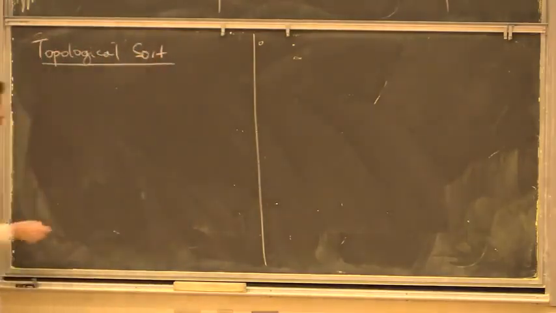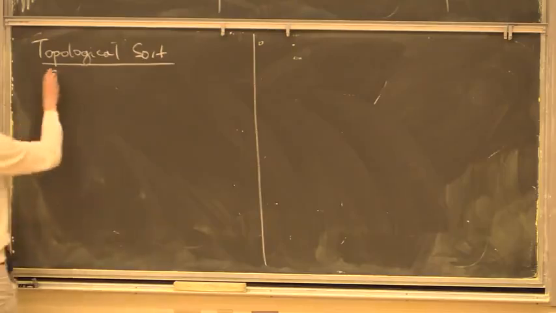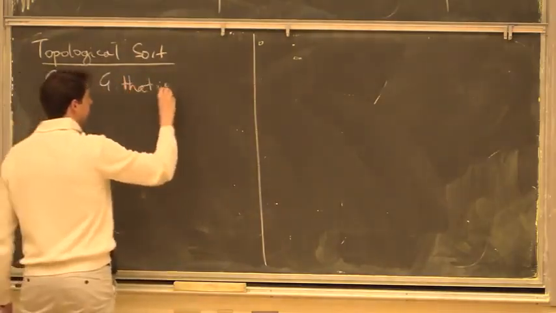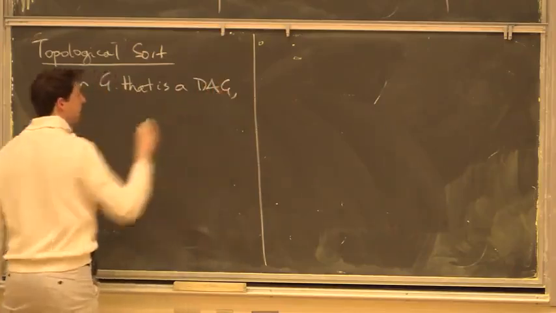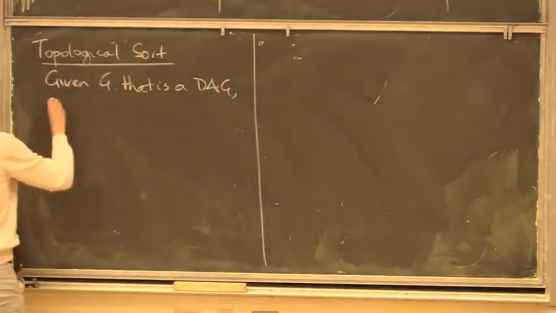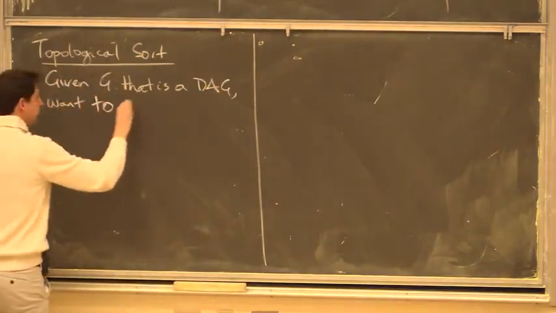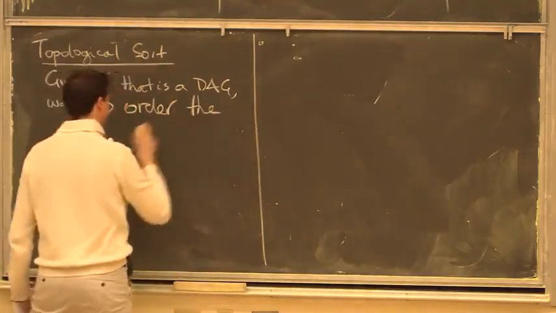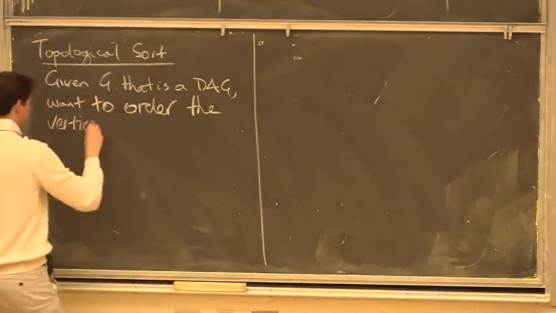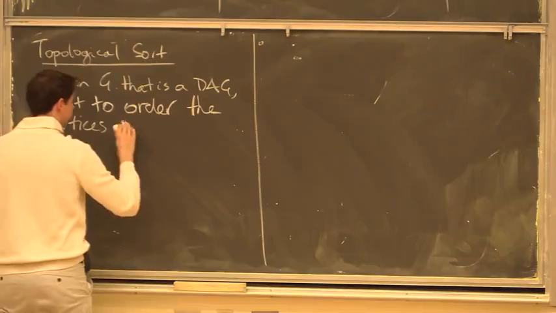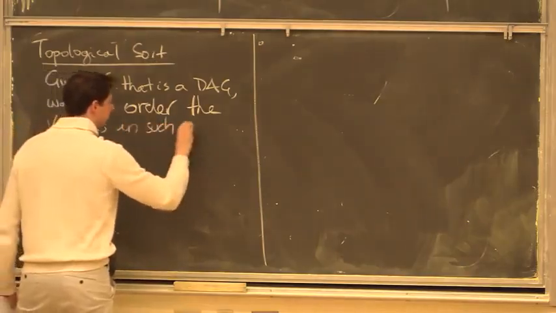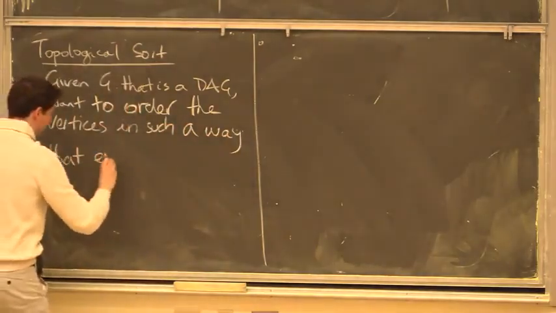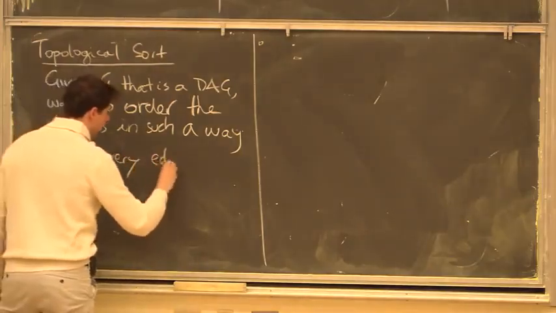This is the problem where, given G, a DAG, a directed acyclic graph, you want to order the vertices in such a way that every edge points forward.